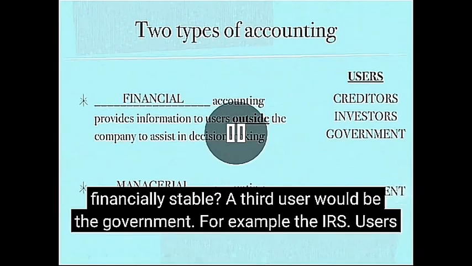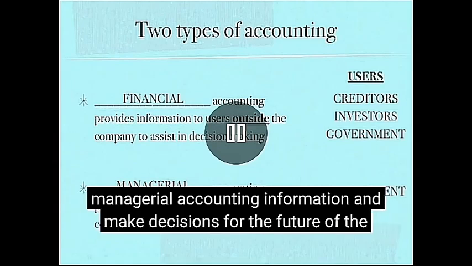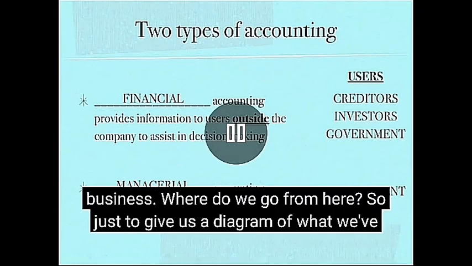Users of managerial or management accounting would be management. They would take this managerial accounting information and make decisions for the future of the business. Where do we go from here?